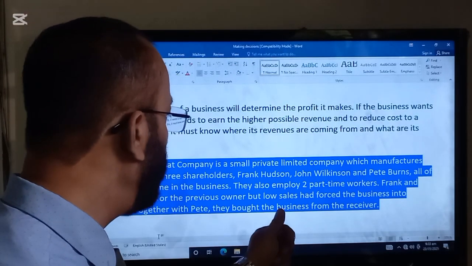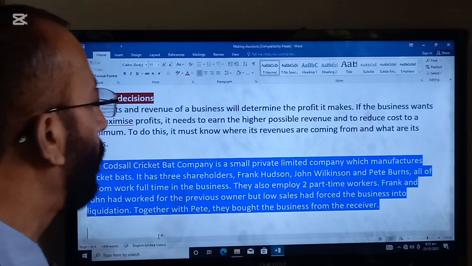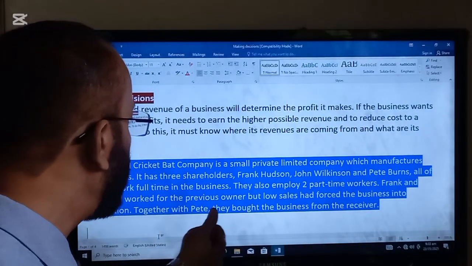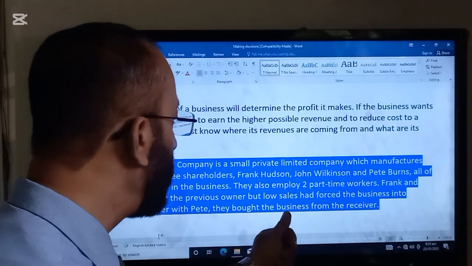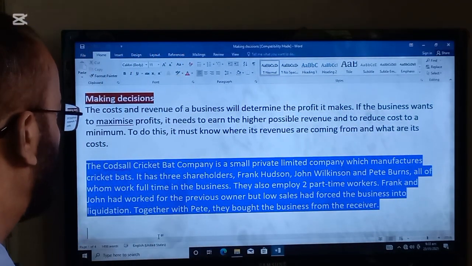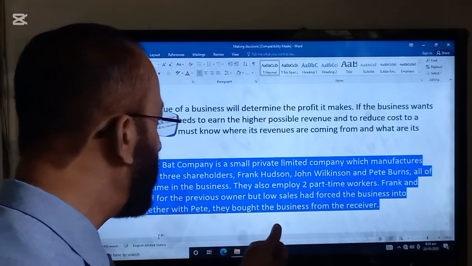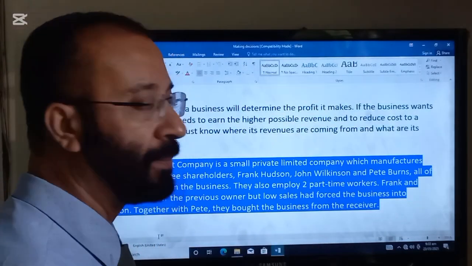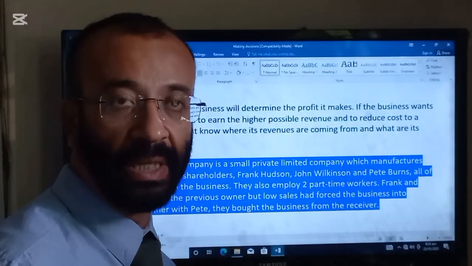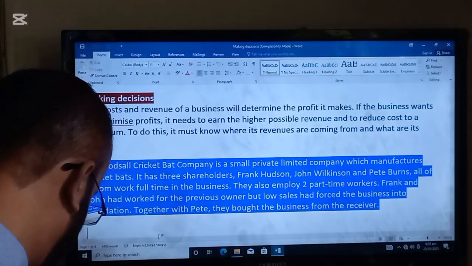They also employ two part-time workers. Frank and John had worked for the previous owner, but low sales had forced the business into liquidation. Together with Pete, they bought the business from the receiver. So concentrate yourself. This is the story. This is the case study which you have to read carefully.